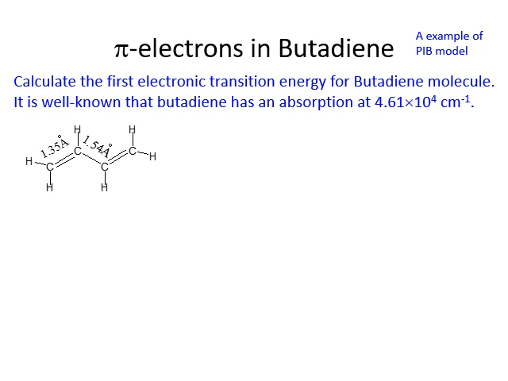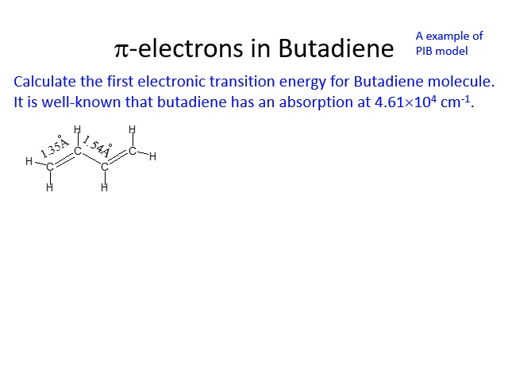We have solved the Schrödinger equation for the 1D box model, and now we know that the particle in a box has certain allowed energy levels. Now let's look at an example. Calculate the first electronic transition energy for the butadiene molecule.